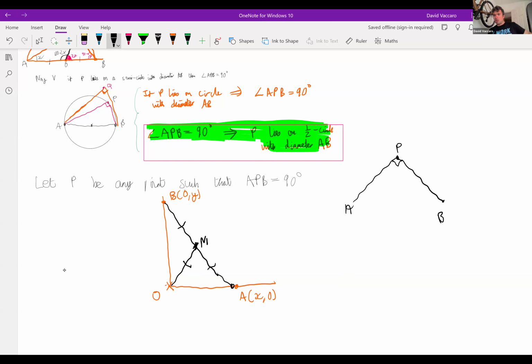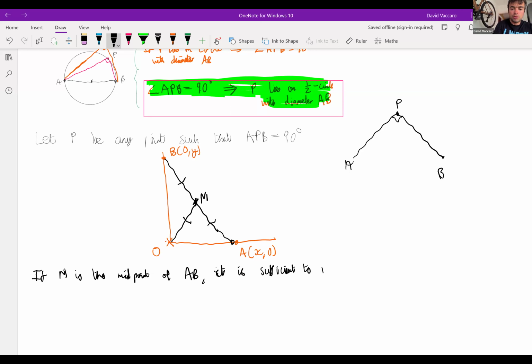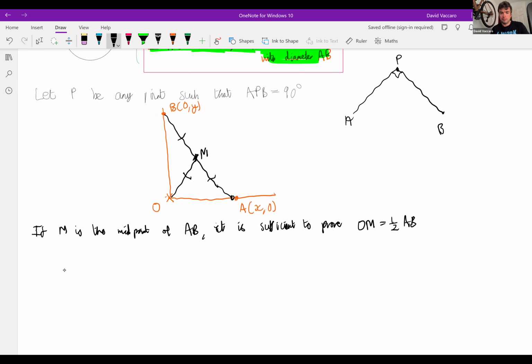Then O will lie on a circle with center M. So if M is the midpoint of AB, it's sufficient to prove that OM is equal to half AB. So the length OM is half of the length of AB.